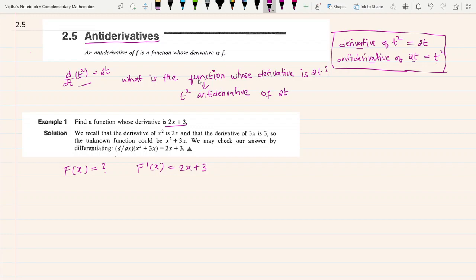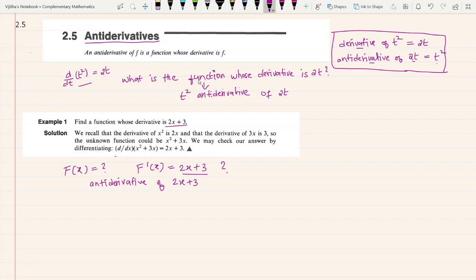How can we find such a function? It means that we have to find the antiderivative of 2x plus 3.